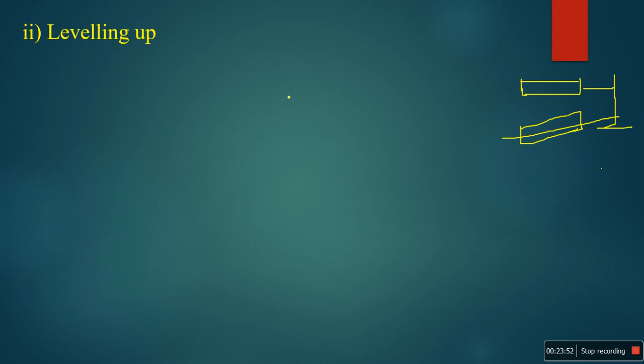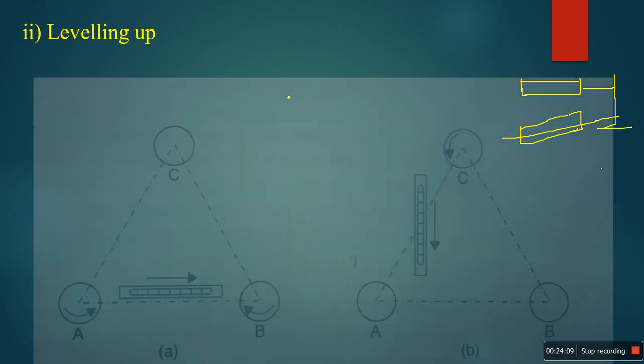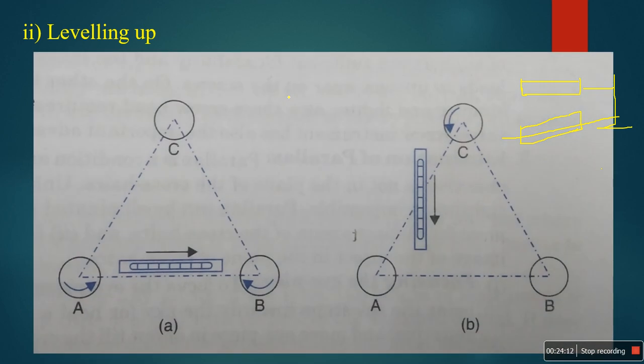Generally, the instrument has three foot screws; in some cases there are instruments with four foot screws. I will explain the procedure for leveling up the instrument using three foot screws. This is the top view of the foot screws: take them as A, B and C, or screws 1, 2 and 3. This is the spirit level.